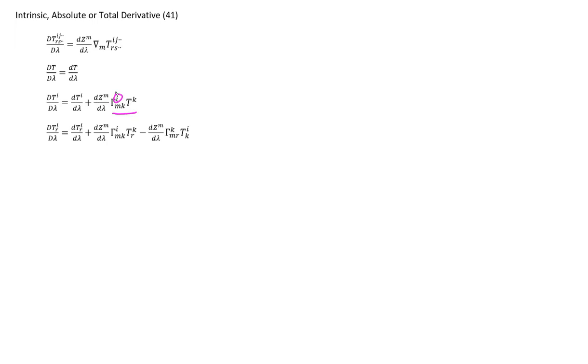You'll notice this term we're adding is very much like the term we add in the covariant derivative. In fact, it's exactly the same term with the addition of this factor. Likewise, if we have two free indexes, we'll take the derivative and then a separate term for each of the two free indexes, one for i and one for r. And the rules are the same as that of forming a covariant derivative, except we just add this extra factor out front. So it's very easy to expand these out to any rank that we want to use this for.